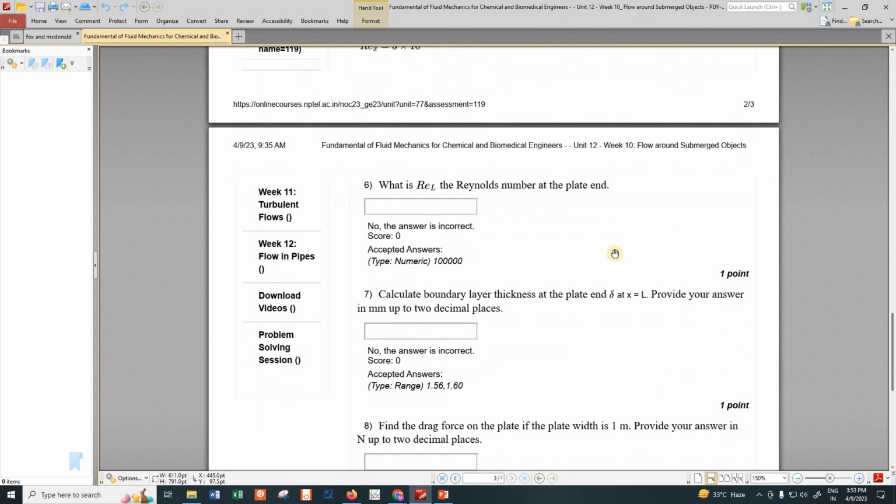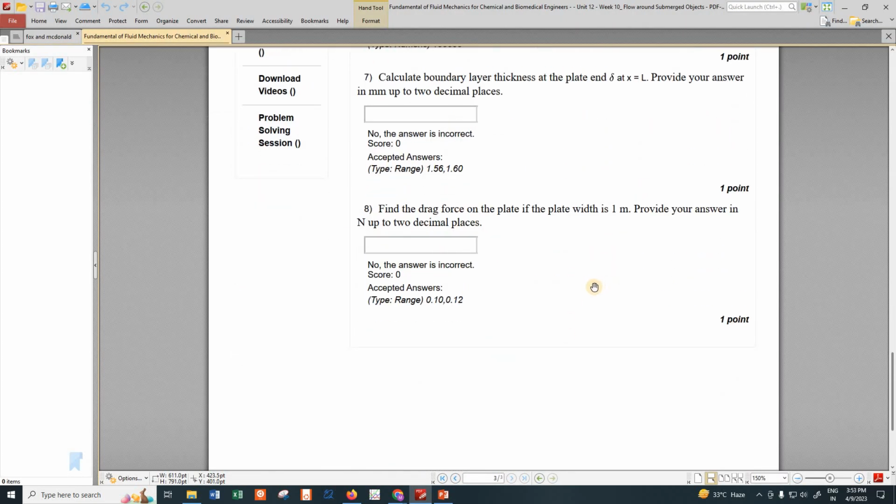Now the last question, the eighth question, says find the drag force on the plate if the plate width is 1 meter. Provide your answer in Newton.